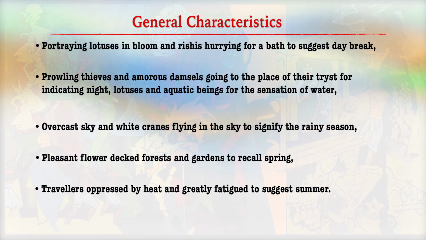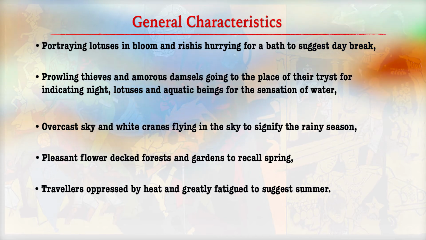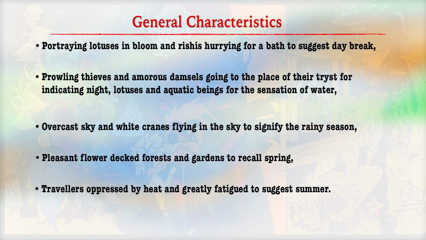We have paintings of an overcast sky and white cranes flying in the sky to signify the rainy season. Paintings of pleasant flowers, decked forests and gardens help us to recall spring. Paintings which focus on travelers oppressed by heat and greatly fatigued suggest the summer season.